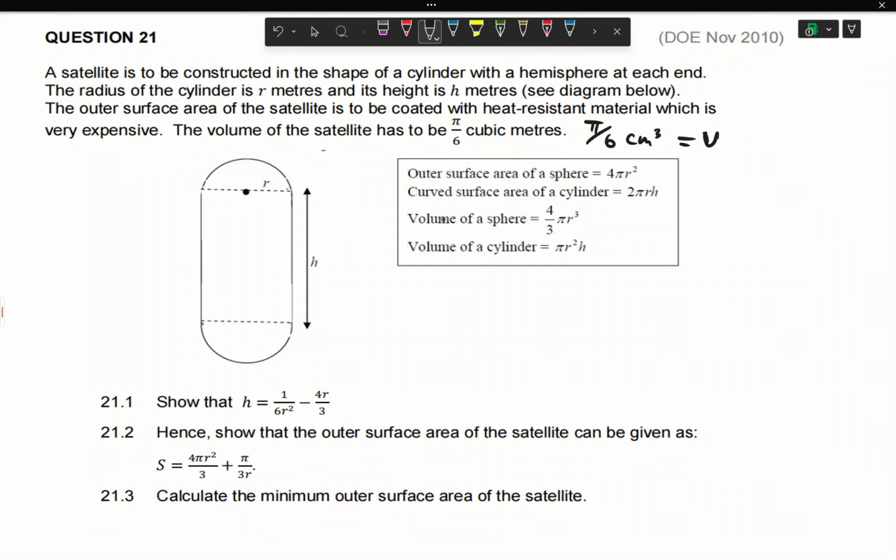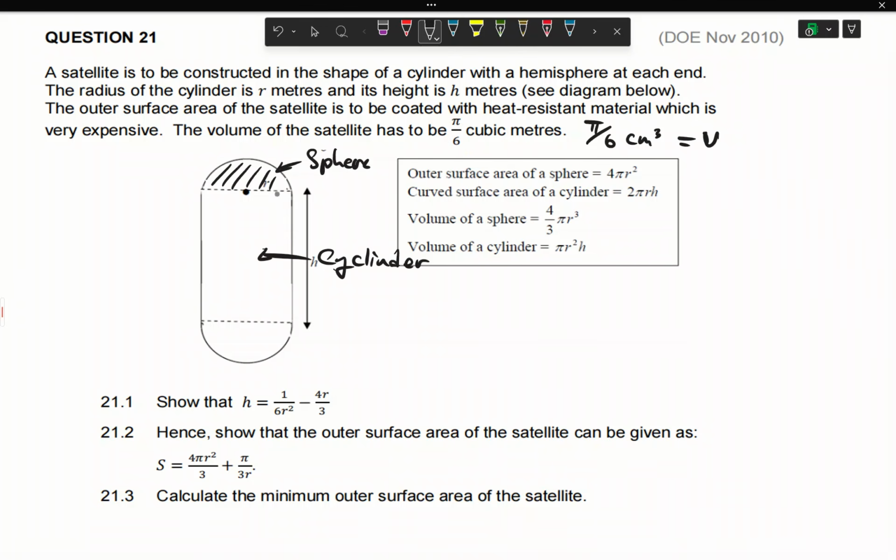It is given here that the volume of a sphere is this part here. So this is the sphere, and then this is the cylinder. Now to find the volume of the cylinder, since the volume of the satellite has to be pi all over 6 cubic centimeter.